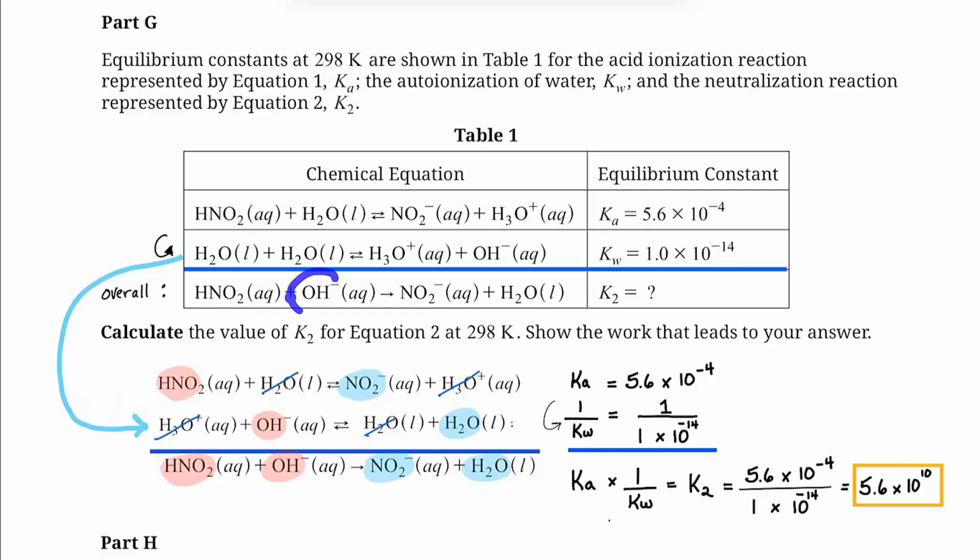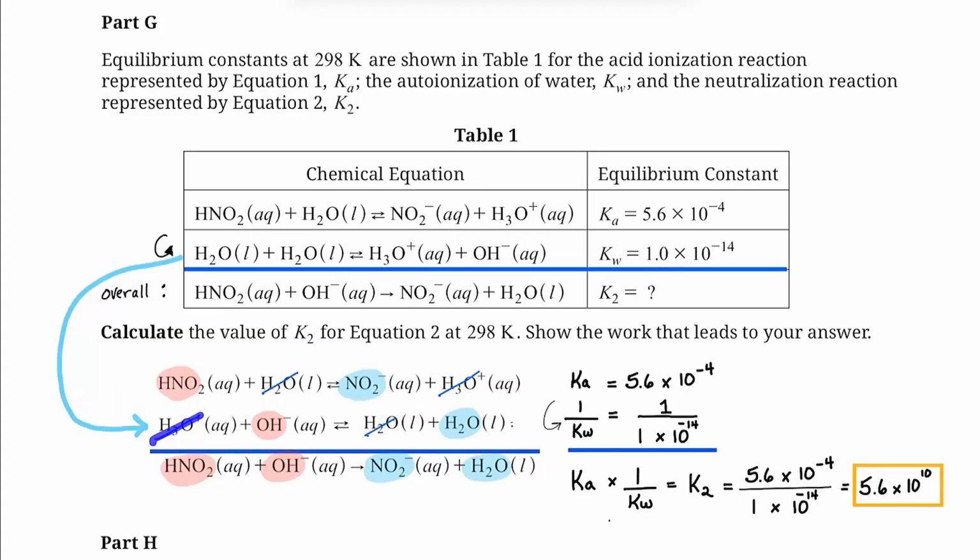Well, I need a hydroxide in my overall reaction, and you notice it's on the product side. So clearly, as my little squiggly here shows, I'm going to flip that reaction. And so that's what I did down here. Products became reactants, and I flipped it. And just to make sure everything is correct, I started canceling.